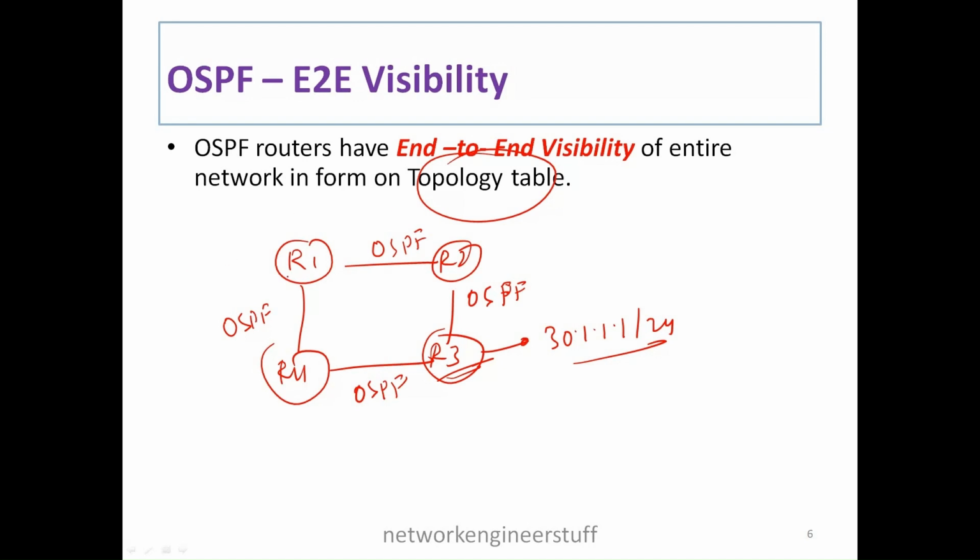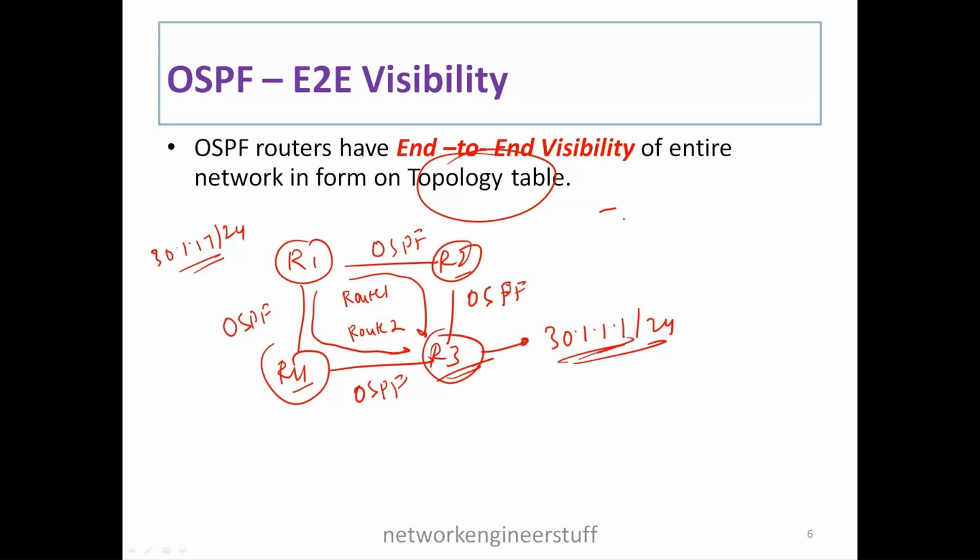Of course, R1 will learn about this particular network. R1 will also have this particular network in its routing table. So it will be learning that network via two different OSPF routers. One is of course R2 and one is of course R4. So it will be having two routes. One route will be this, so this will be route 1, and the other route will be via R4, so this will be route 2.